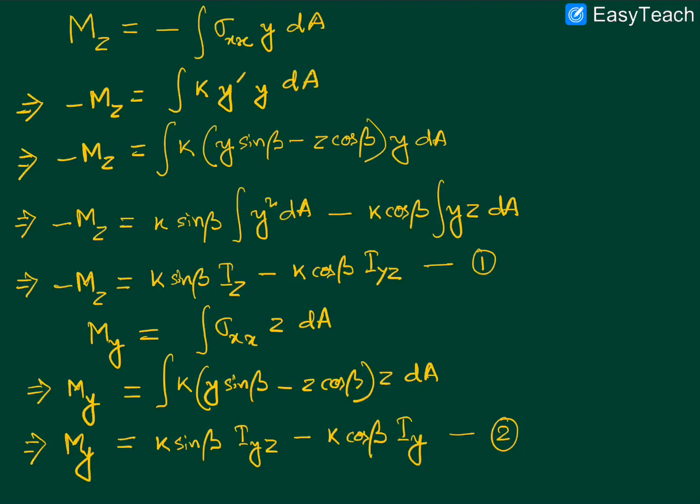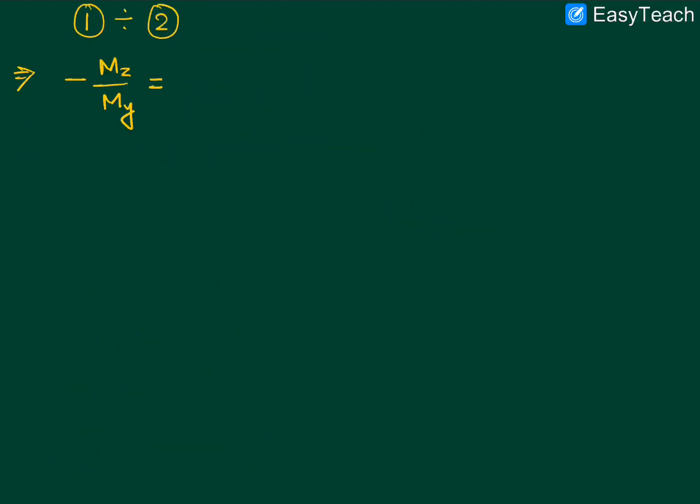So this is k sine beta Iz minus k cos beta Iyz, and this k will be eliminated. So this is basically just sine beta Iz minus cos beta Iyz.